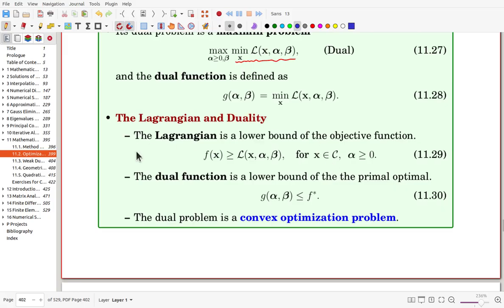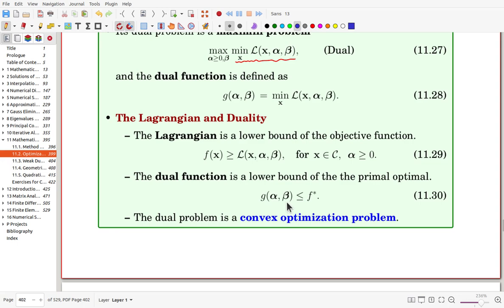Now, here the Lagrangian is a lower bound, and even though you maximize, it is always a lower bound. So with minimization on both sides, you can get this inequality.